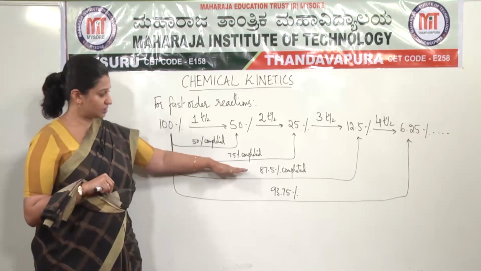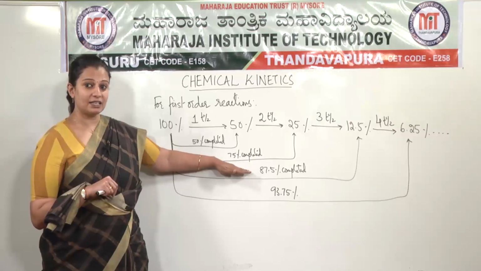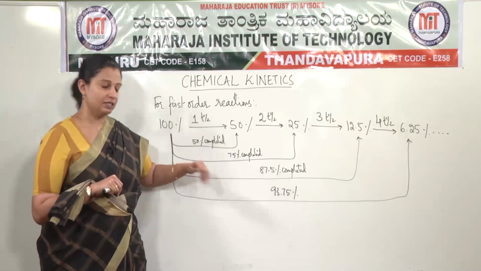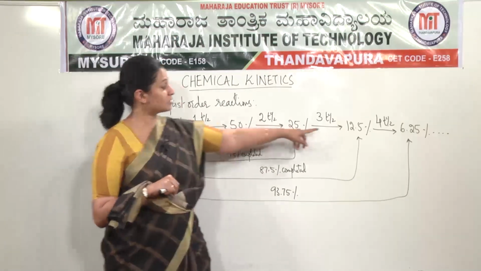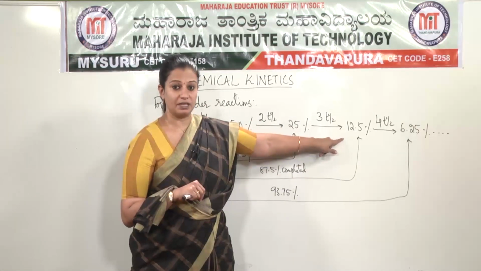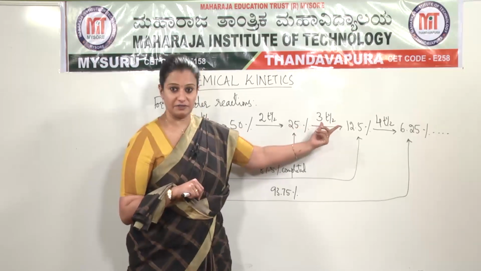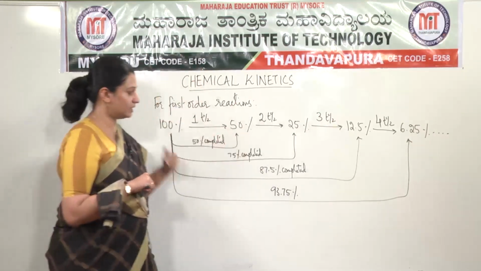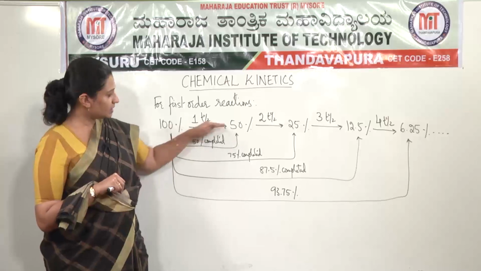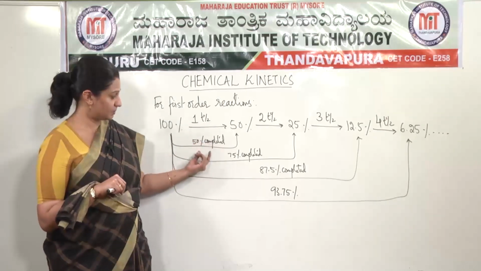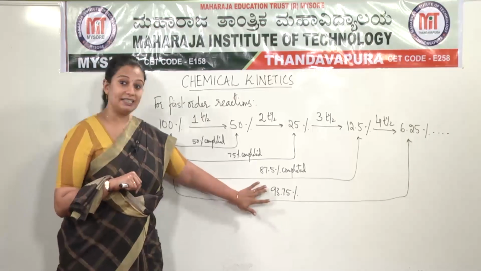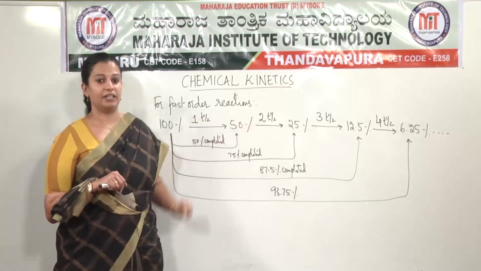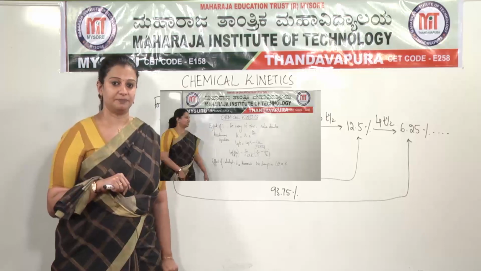The third situation, understand, if you have 87.5% completed, it means how much is going to be left? 12.5%. In how much time? 3 t halves or 3 half-life periods, and like that it goes on. So, if you can remember these values, that is 50%, 75%, 87.5%, 93.75%, you will have an idea how much is going to be left behind.